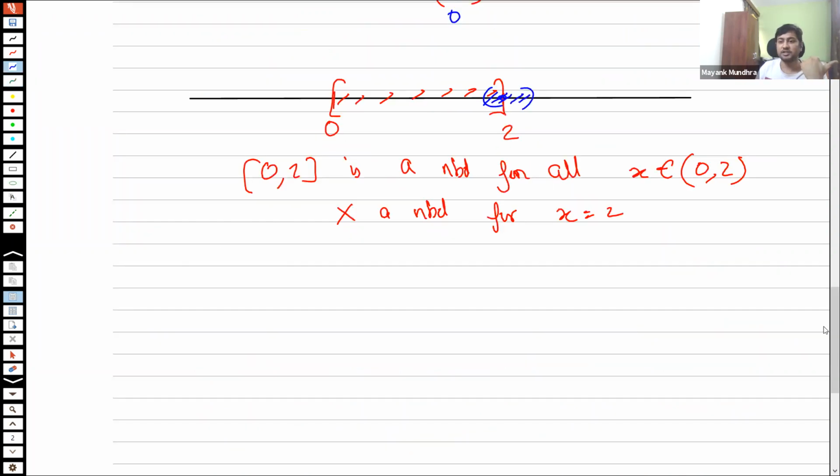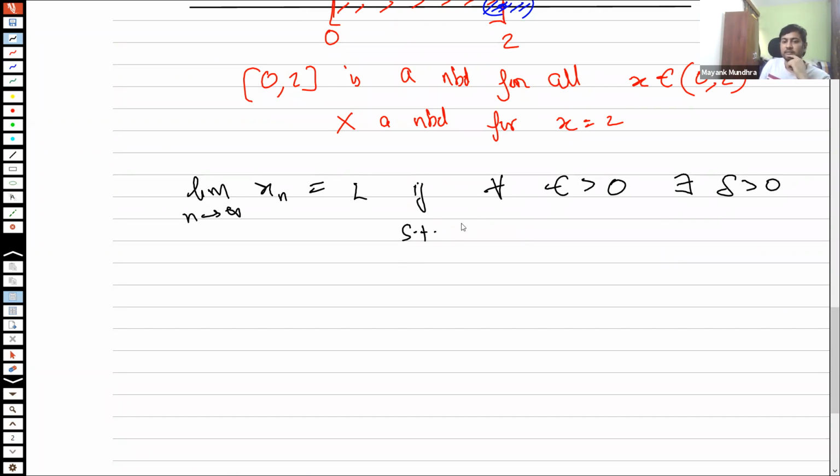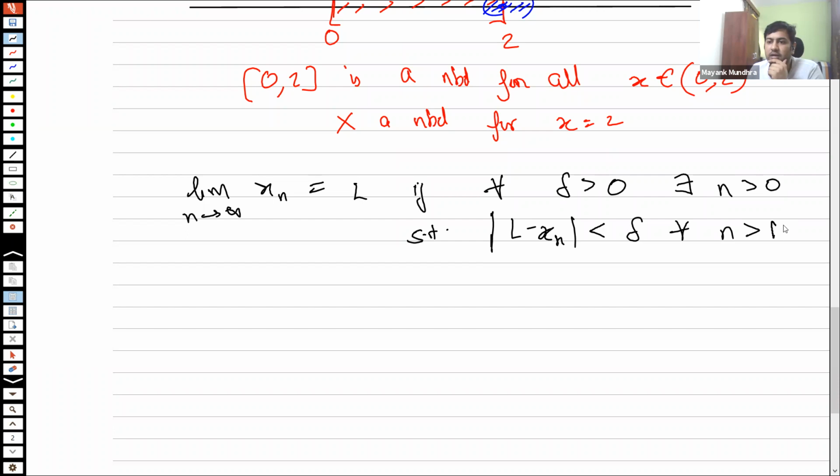If you remember the limits definition that we did, the definition of limits was that a sequence xn tends to limit, limit n tending to infinity xn equals L, if for every epsilon greater than 0, there exists capital N greater than 0 such that mod of L minus xn is less than epsilon for all n greater than capital N. Okay, I should have written this first. Yeah, so this is the definition of limit.